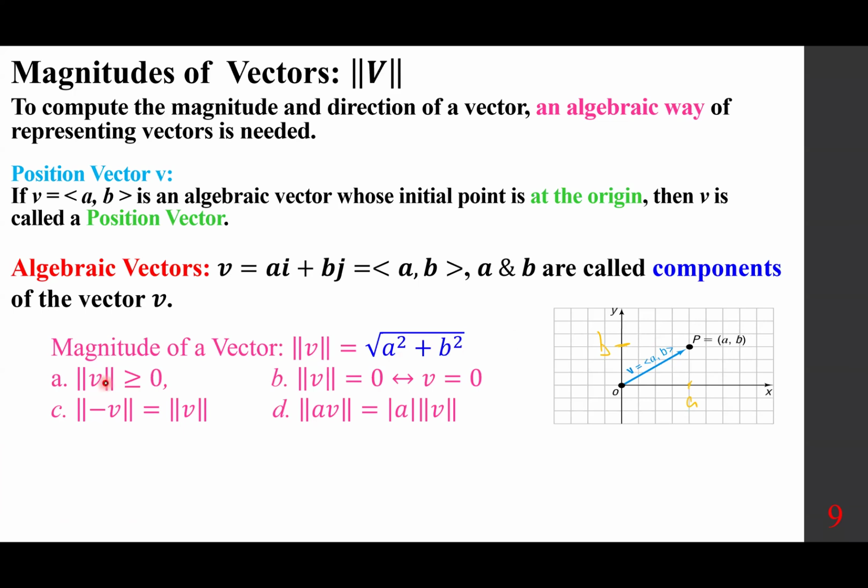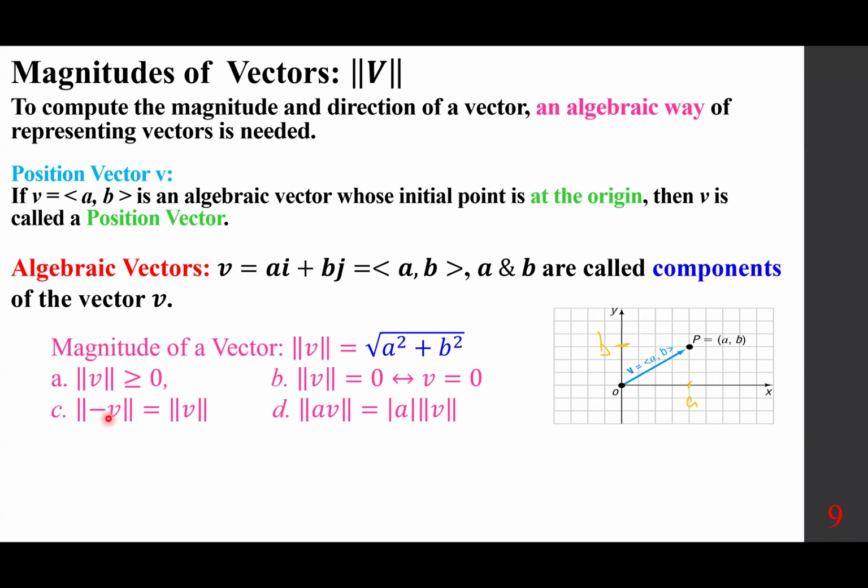So the magnitude of any vector is always greater than or equal to 0. Can it be 0? Yeah, for a 0 vector, the magnitude is 0. But everything else is positive, okay? Magnitude is different than direction. If the magnitude is 0, then the vector must be a 0 vector, v equals 0.